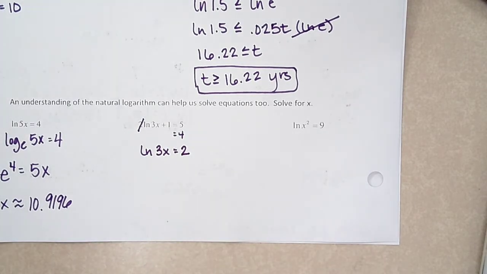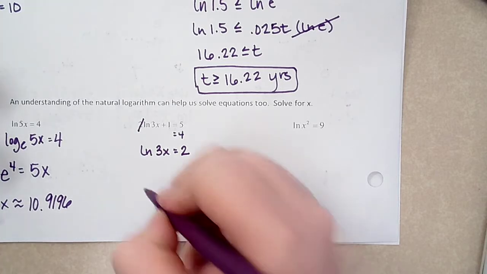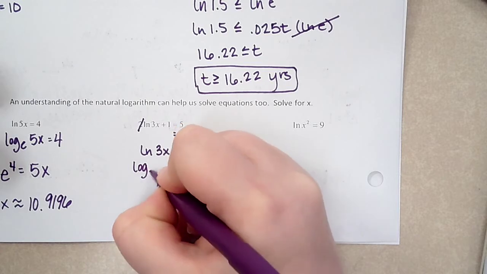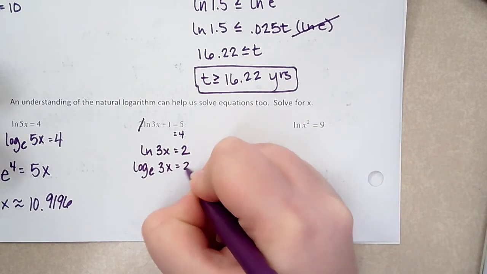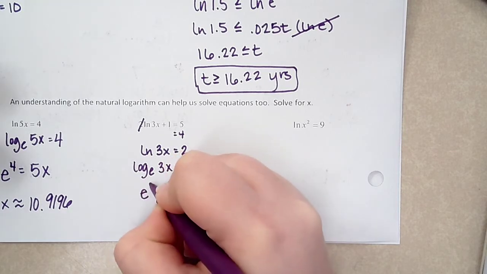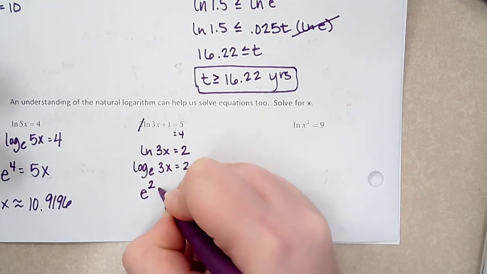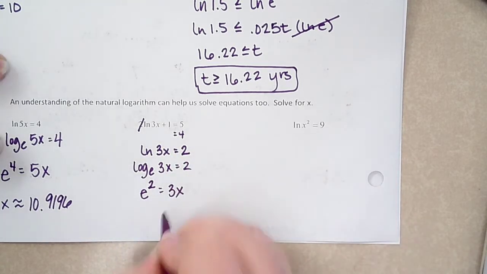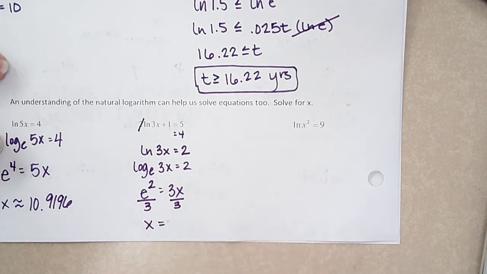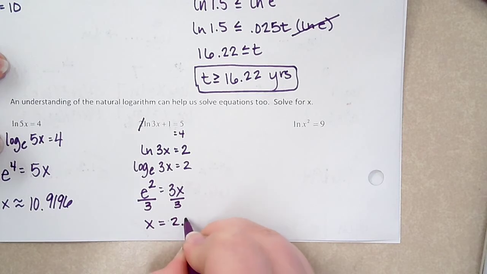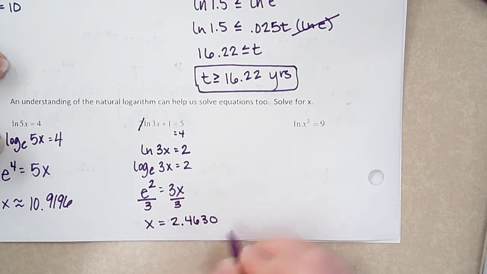And all I did there was get the natural log by itself. Once I'm here, I remind myself that this is the same thing as log base e of 3x equals 2. And that again, I can just rewrite it as e to the 2 equals 3x. And by dividing both sides by 3, I get x alone to equal 2.4630, approximately.